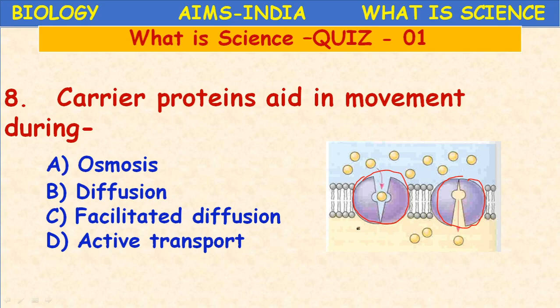This process is called diffusion, but here carrier proteins are mentioned. You can say diffusion, but the carrier proteins aid in this special movement. This type of movement is called facilitated diffusion. The answer is C.